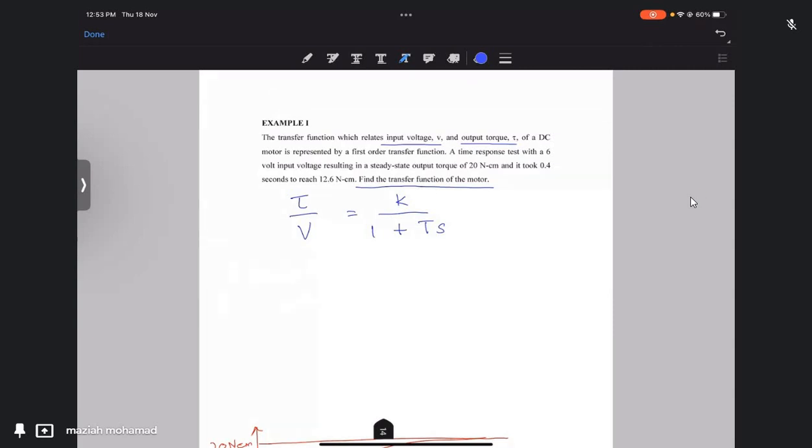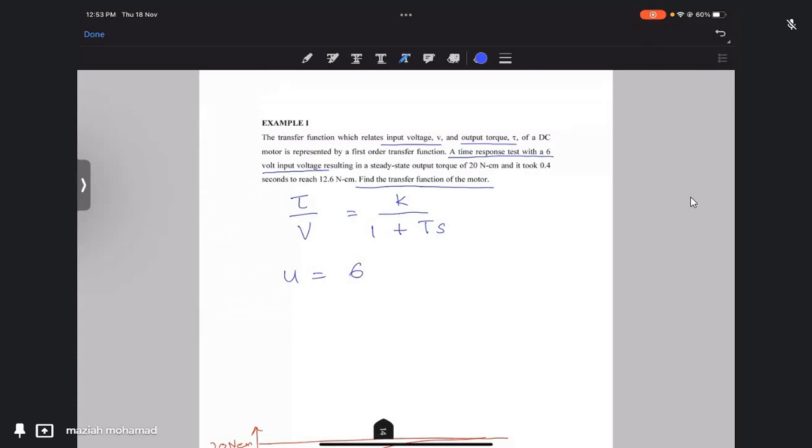All right, the information given is a time response test with a 6 volt input voltage. So U is equal to 6. It's like the input is 0 volt, then you suddenly change to 6 volt.